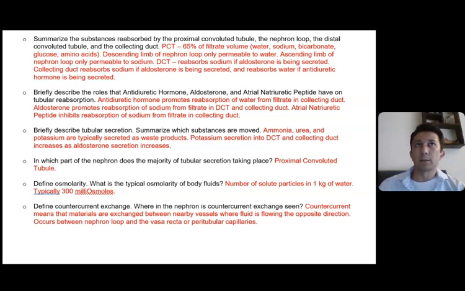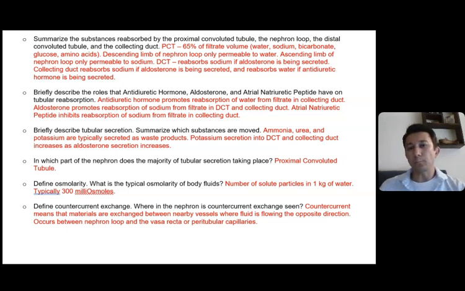And recall that with sodium-potassium pumps, if sodium is being pumped from the filtrate back into the bloodstream, potassium is moving the opposite direction through the sodium-potassium pump. It's moving from the bloodstream into the filtrate, right?